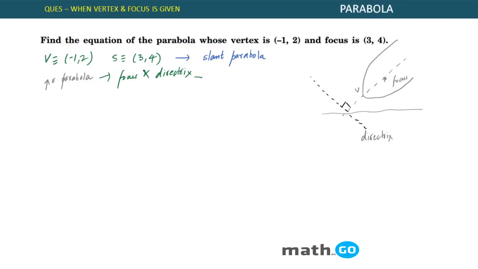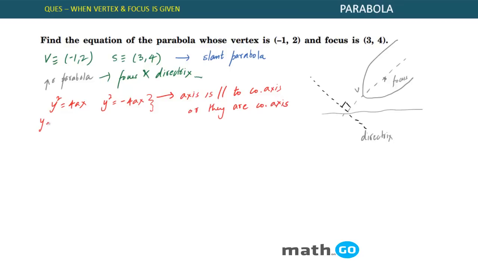Remember, very important stuff. So again, highlighting with the help of a formula that all these standard parabolas, that is y square equal to 4ax or y square equal to minus 4ax, right? They are valid only when the axis is parallel to the coordinate axis.